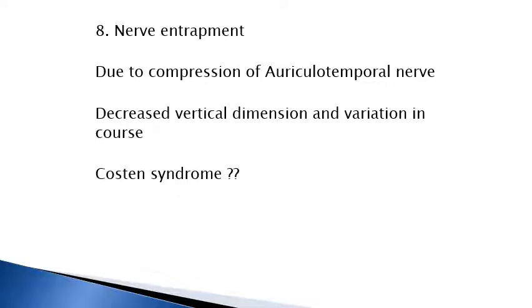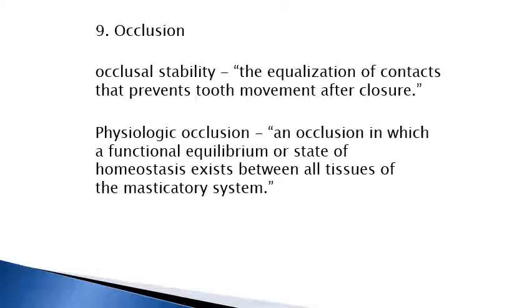Okay, so sometimes there might be a certain nerve, the auriculotemporal nerve, which gets compressed, maybe probably because of decreased vertical dimension and variation in course. This could be one of the reasons why Costen's syndrome, at one particular time Costen's syndrome was very well known, especially in prosthodontics. So Costen's syndrome could give rise to these features.